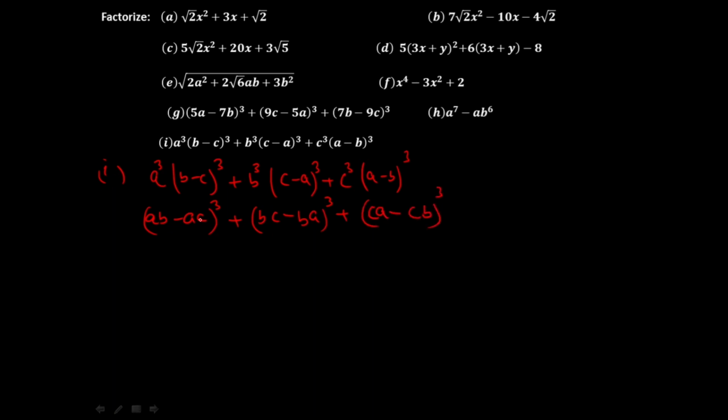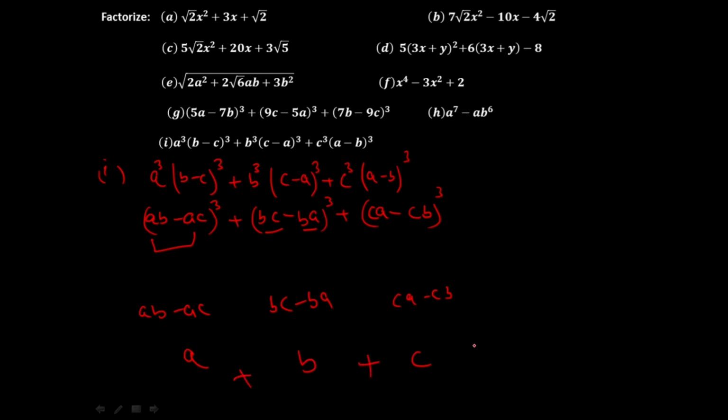Is it possible? Yes. If I take a common, a cube will come out. Same here, if I take b common from here, b becomes b cube. Same with that. Now, why am I doing so? Because suppose this whole thing is a, assume this is b and assume this is c here.